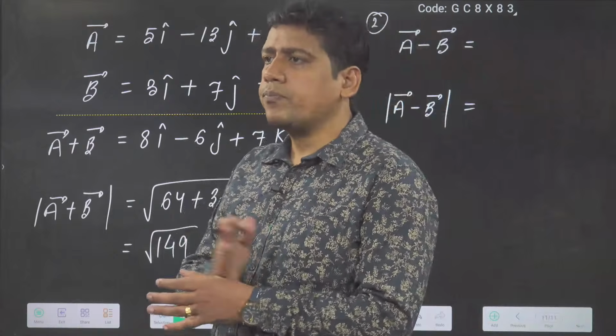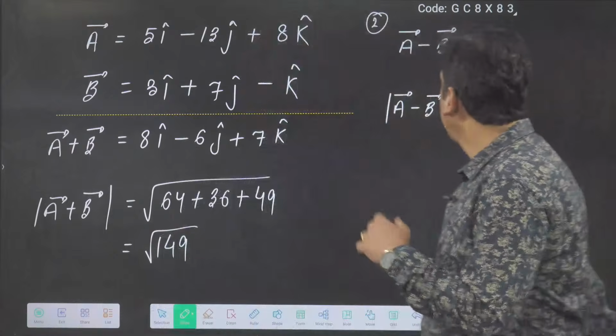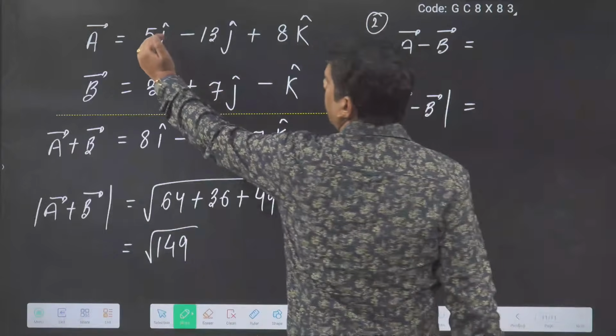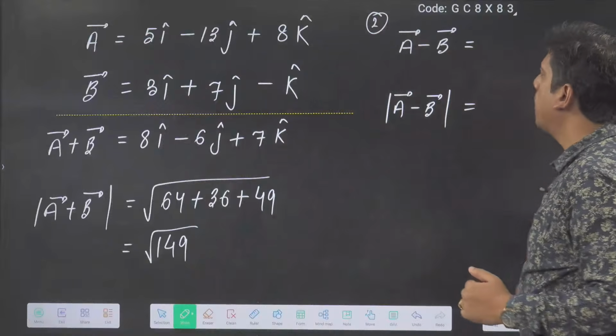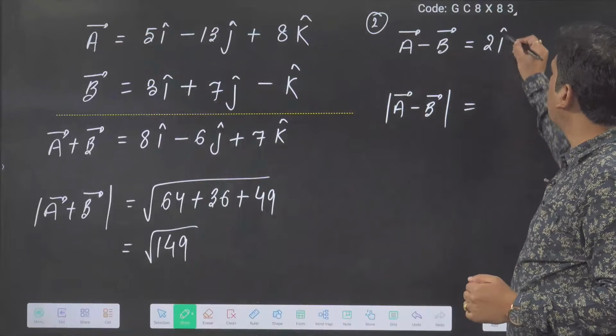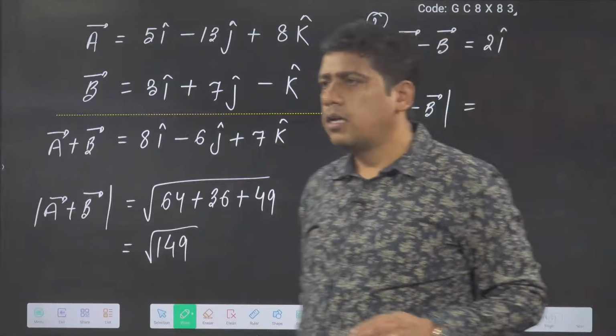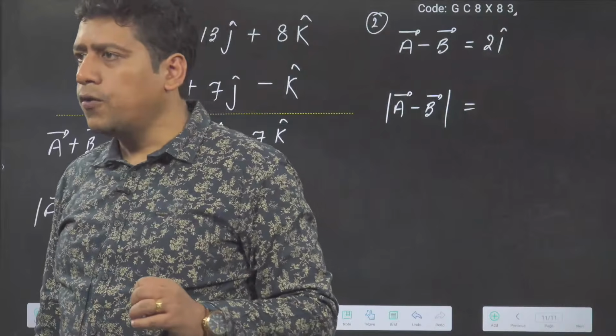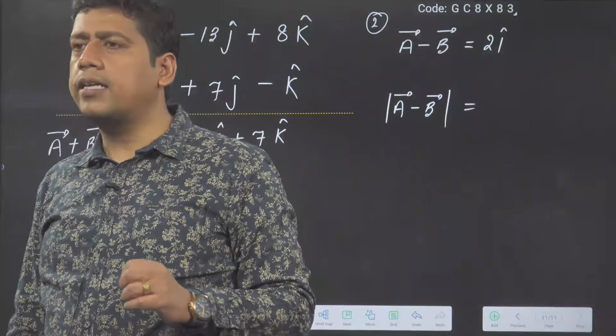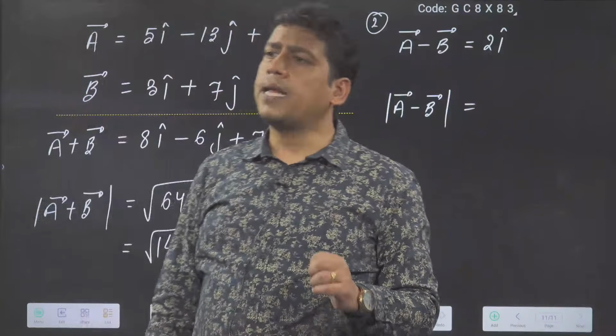Okay. The second one, A vector minus B vector. Now subtract 5 minus 3. Help me here. 5 minus 3 is 2I cap. A lot of you have given the correct answer. 2I cap minus 20 J cap and plus 9 K cap. Very good.